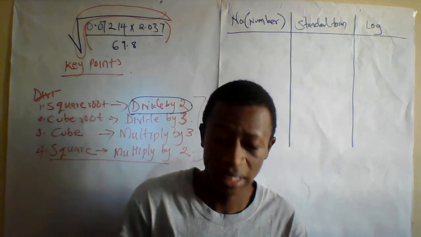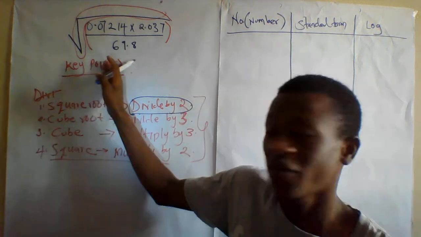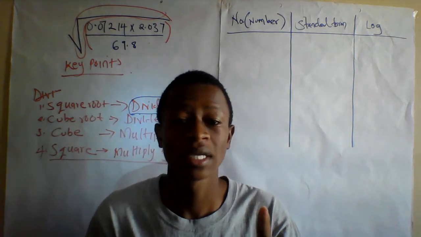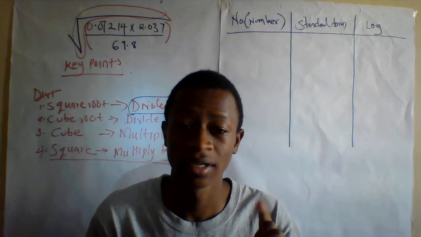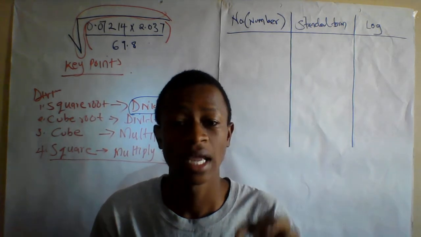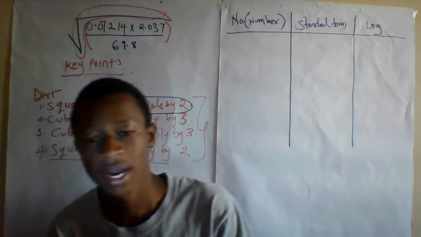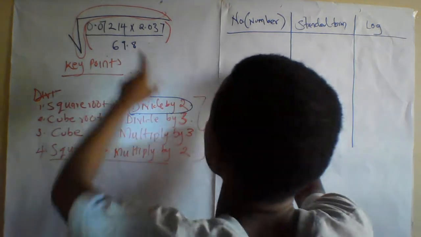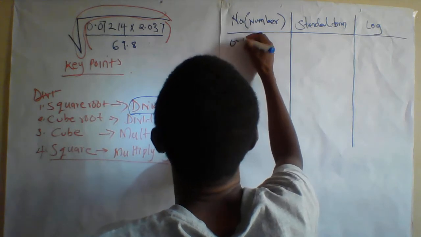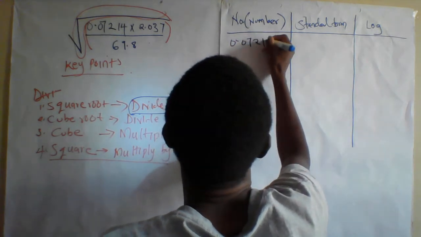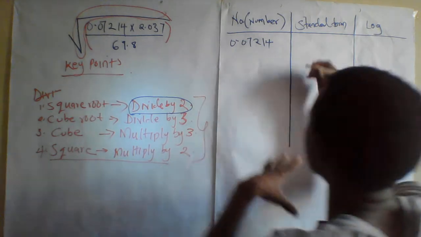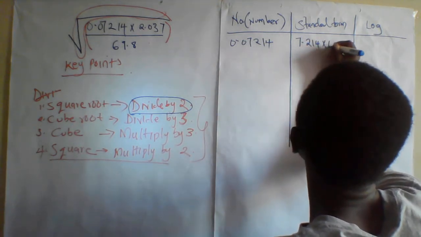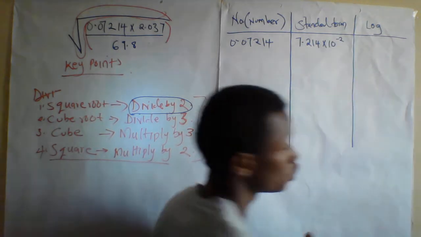And don't forget, some of these questions are specified. If you're being asked not to use a calculator, don't dare use it; use the logarithm table to work out those questions. So our number is 0.07214, which in standard form will be 7.214 multiplied by 10 raised to bar 2.